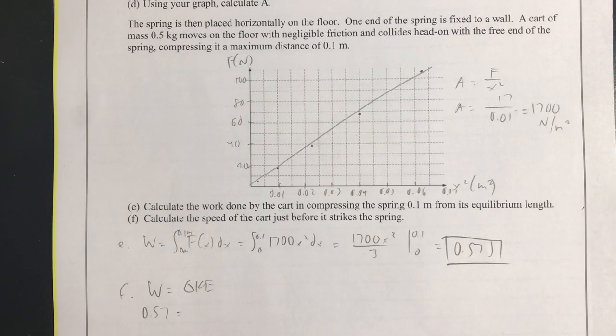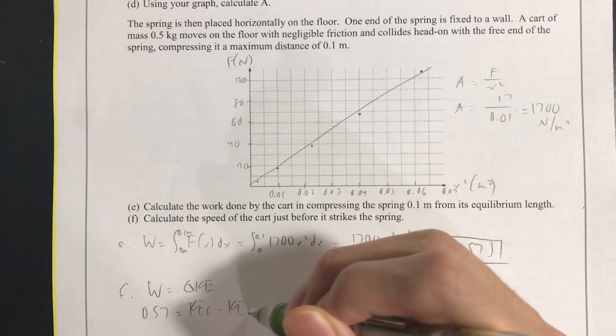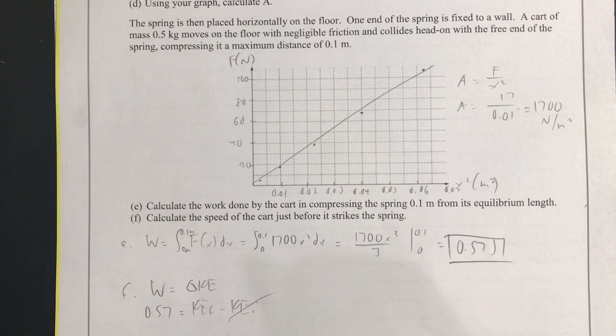So I'm going to go backwards. So change in kinetic energy is KF minus KI. So KI is when it's maximally compressed, so I'll cross it out. And we're left with 0.57 equals KF.